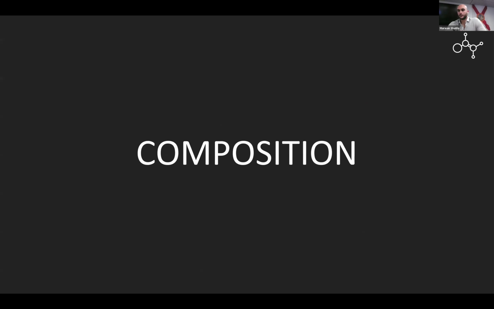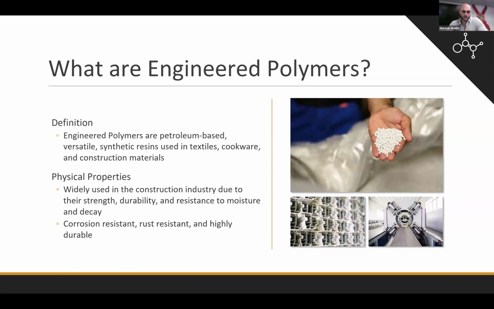So, composition. Without getting into too much of the technicality, because I think that it's a little bit of an overkill, really what it boils down to is whenever we're talking about an engineered polymer system, we're talking about a recycled content material that is designed to withstand the elements. It is a proprietary formula compound derived from multiple different additives to create a final product.